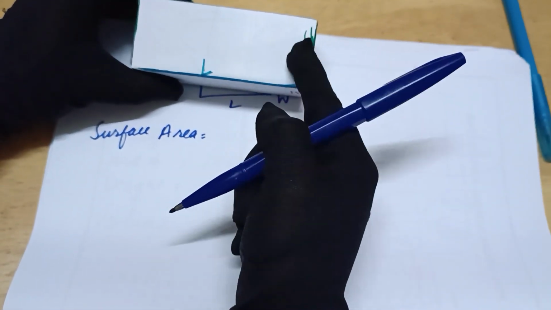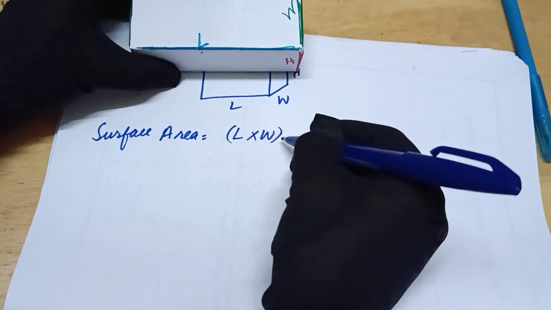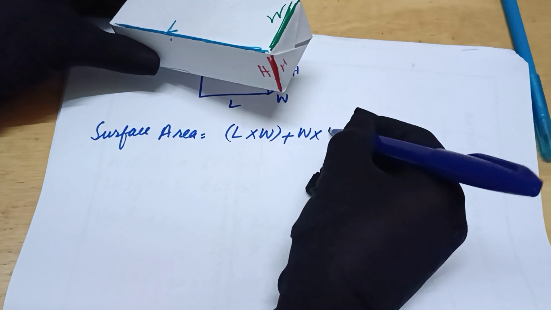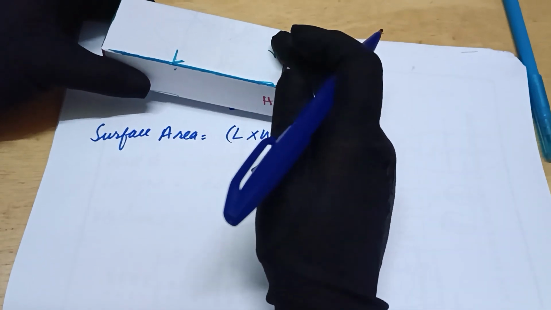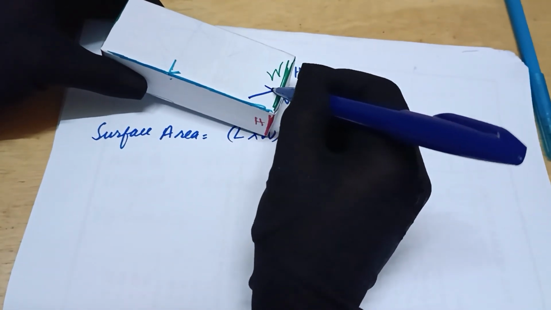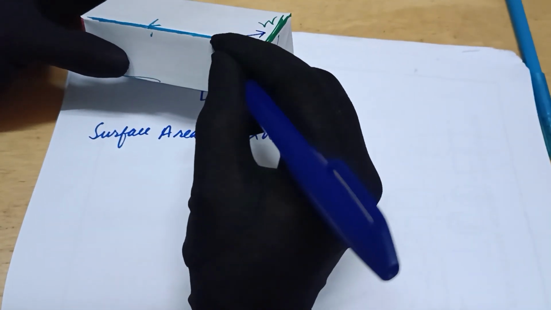Length into width, plus width into height, plus height into length. You can go like this: length into width, width into height, and then height into length.